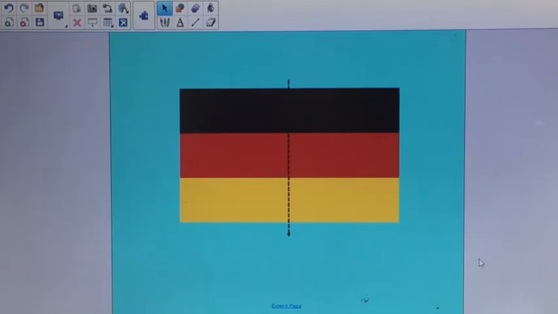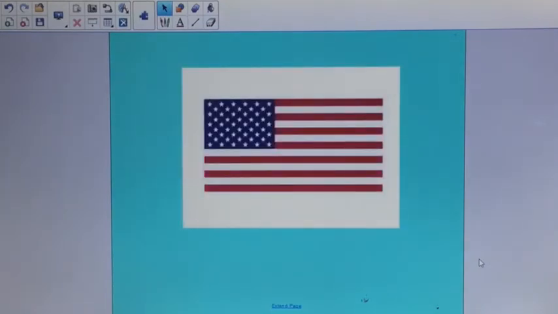Okay, get ready for our last flag. Okay, you'll probably immediately be able to identify where this flag's from. But is it symmetrical? Tell your grown up what you think.